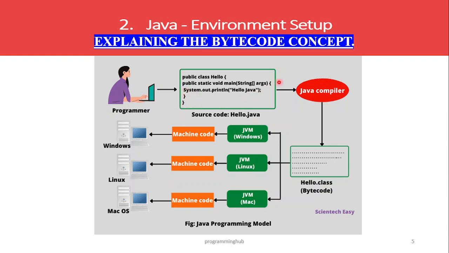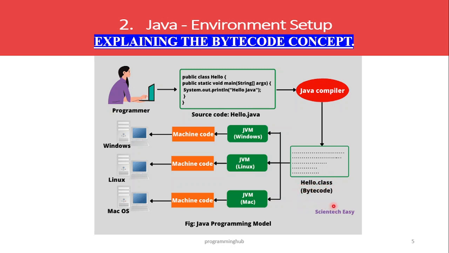That is what the Java compiler is going to check. Those are what we call the errors. Once it is satisfied, it converts your text file into Java bytecode.